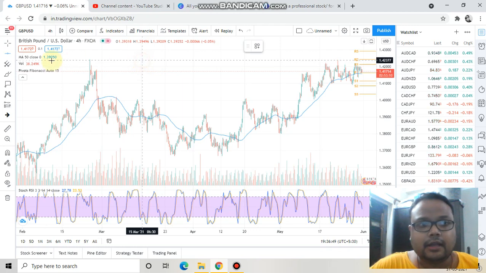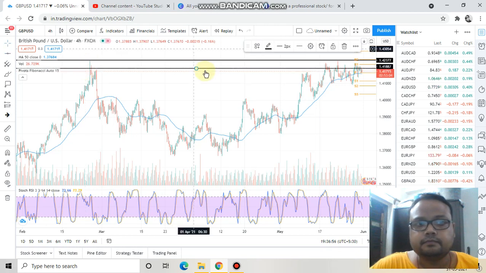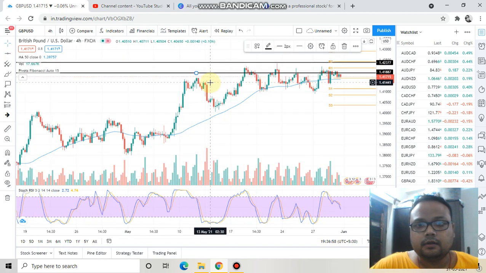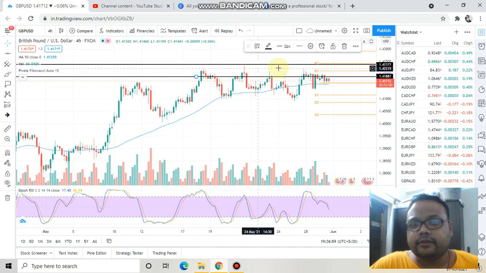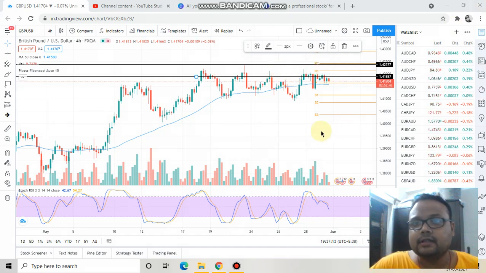Let me draw a line for you so that you can see this level clearly. So this is the resistance zone. There is no point in buying here, as if you find the market trading at this level, then you should not buy at all.